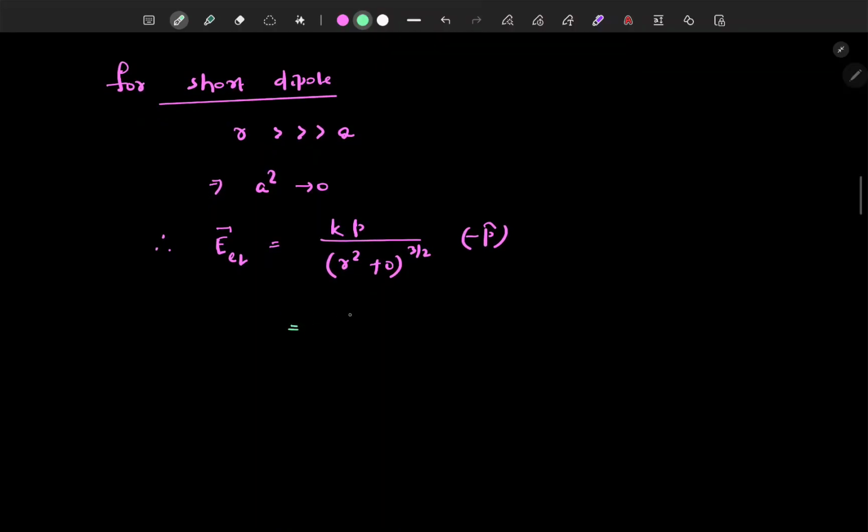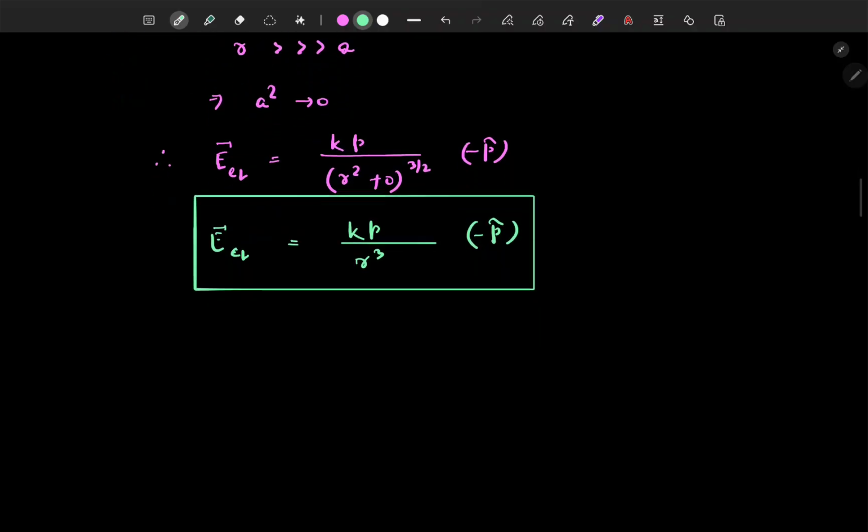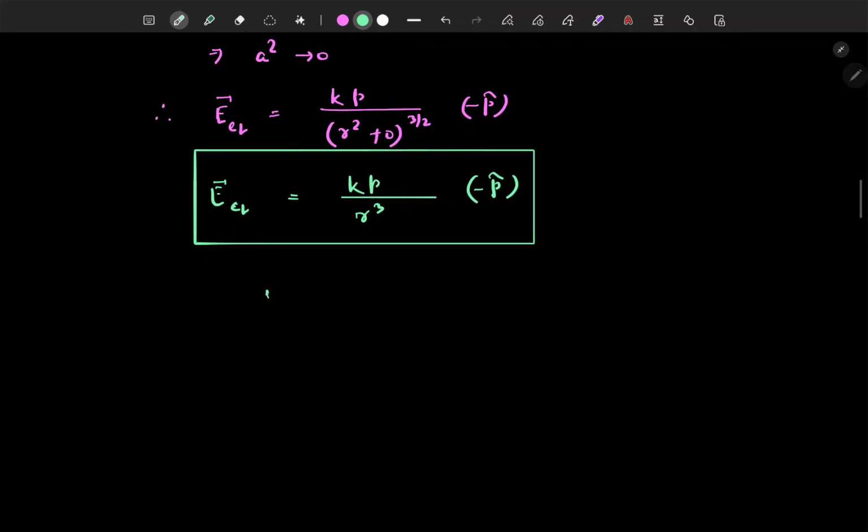So the answer will be kp by r cube, since r square to the power 3 by 2 is r cube, into minus p cap. This is your E vector equatorial. So clearly we can say E equatorial is proportional to 1 by r cube also, and the direction is opposite to dipole moment.